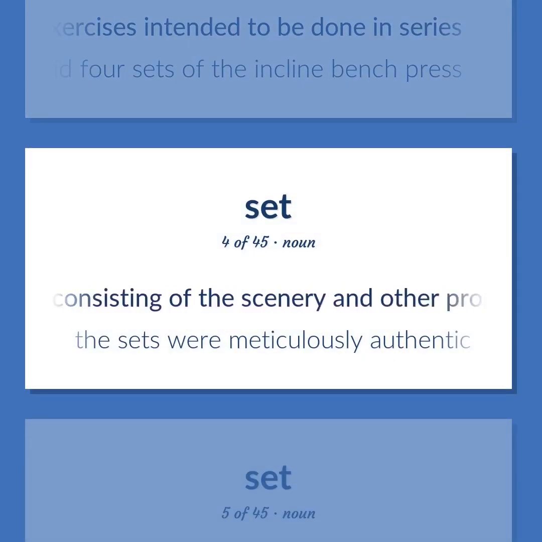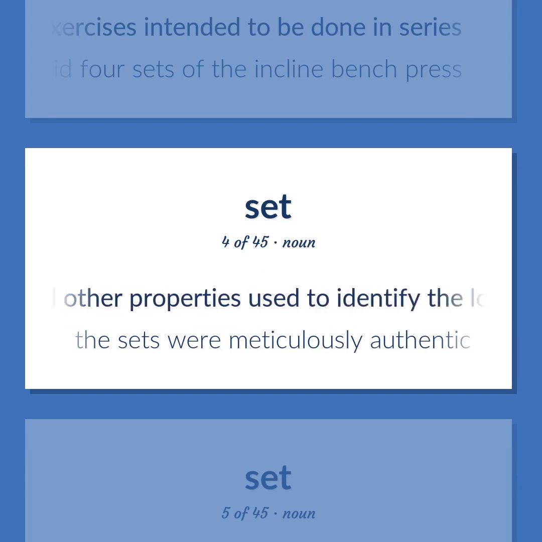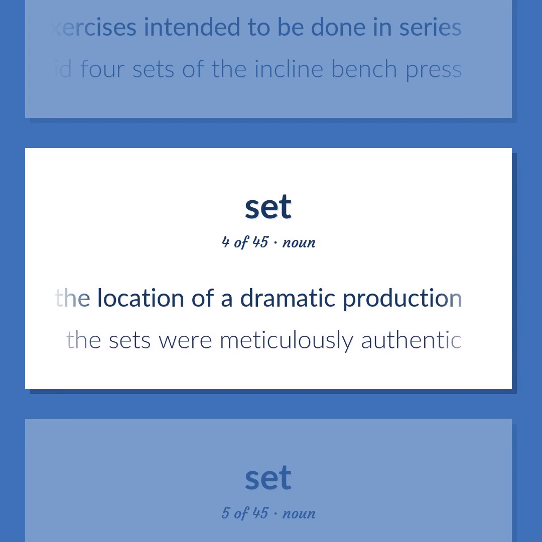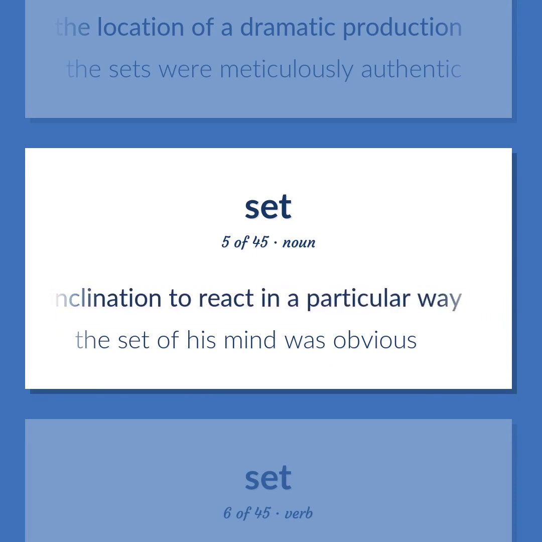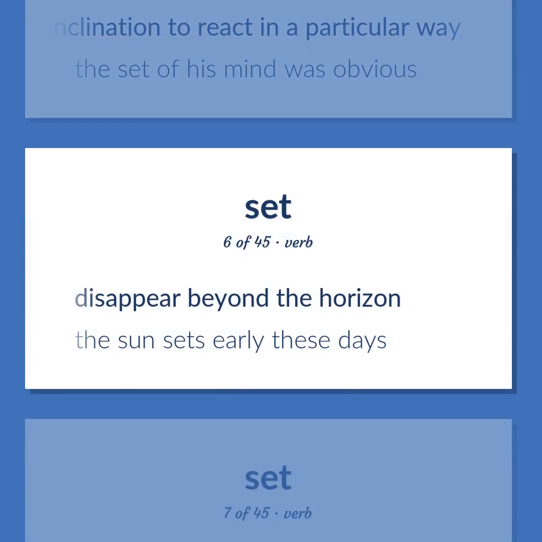Representation consisting of the scenery and other properties used to identify the location of a dramatic production. The sets were meticulously authentic. A relatively permanent inclination to react in a particular way. The set of his mind was obvious. Disappear beyond the horizon.